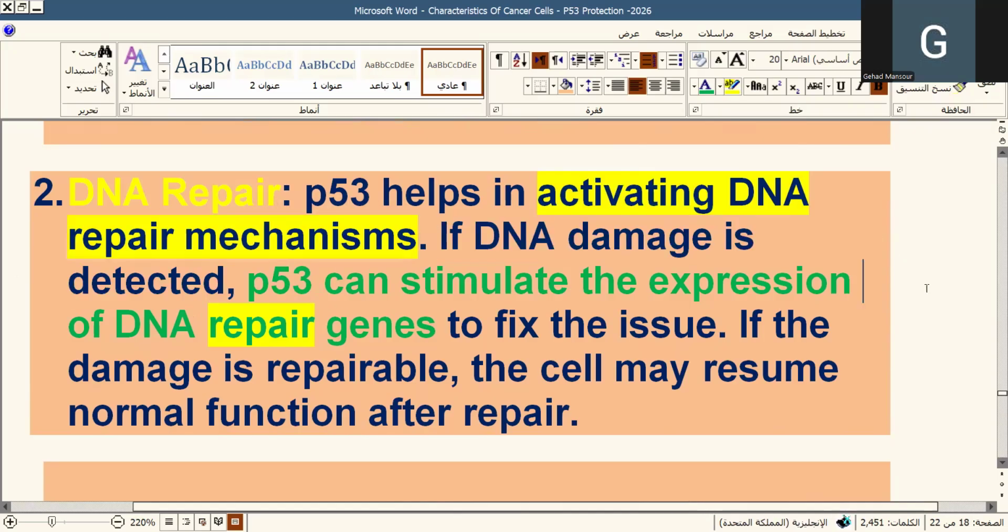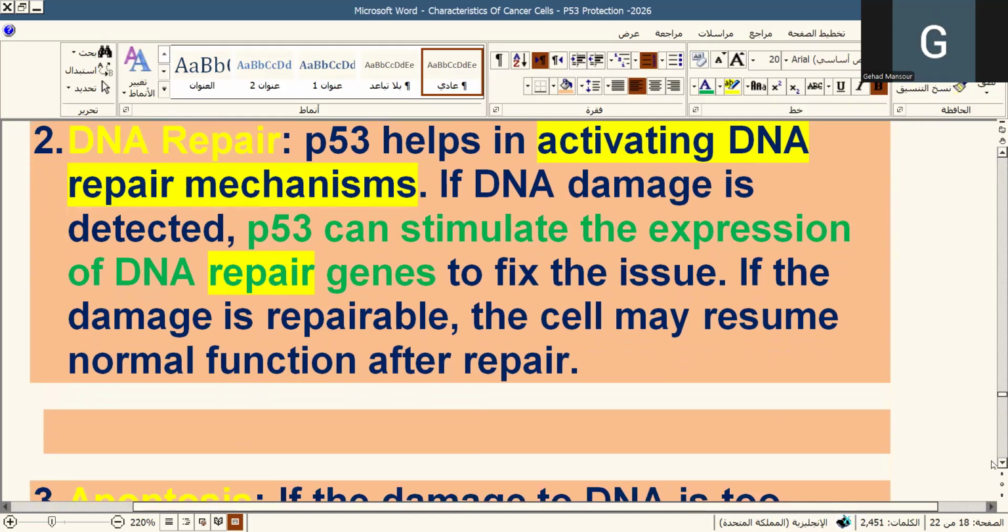So once again, the pause that P53 does with the help of P21 is important for having time to activate the genes of repair. What are the genes of repair? They are genes that, when expressed, give you enzymes and proteins that help in repairing DNA.